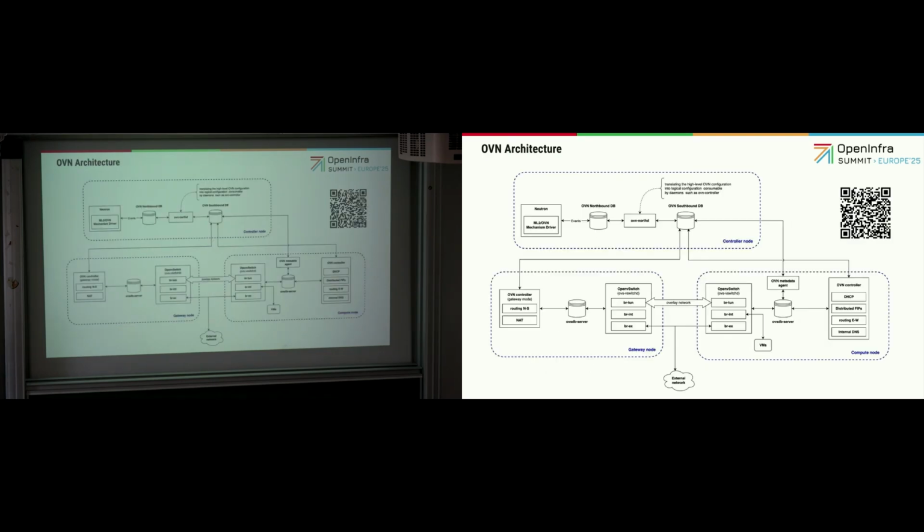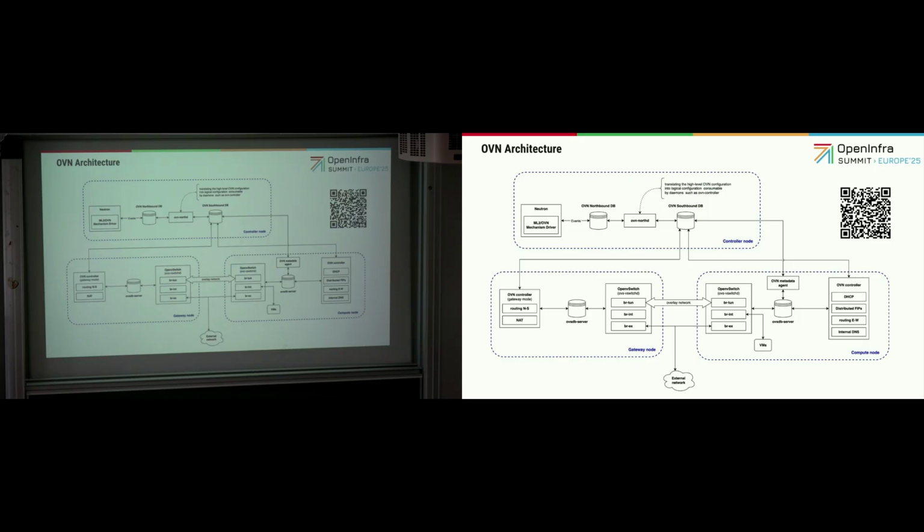So let's jump to the architecture. You can see the QR code there with a description from the official documentation of how it works. I've tried to prepare this diagram as simply as possible, but it's quite impossible. The main thing is that there are two big parts of OVN: the northbound and the southbound. The southbound is kind of the data path in the OVN world.